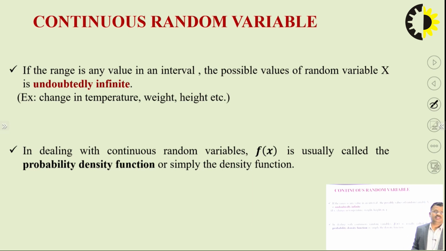Now, a continuous random variable. If you want to represent it in terms of probability distribution, you always use the PDF, probability density function. It is always represented by small f x for a continuous random variable. For a discrete random variable, it is again f x, but this is called PMF, probability mass function.